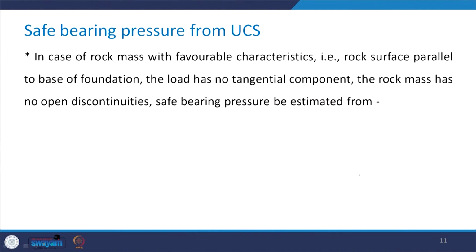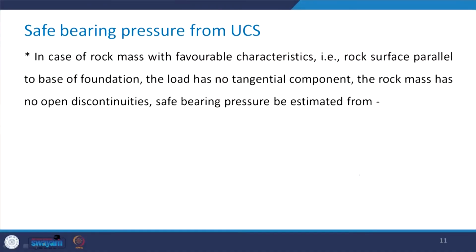In case of the rock mass with favorable characteristics, that is when the rock mass is parallel to the base of the foundation, which we saw is the most favorable condition, the load which is applied will have no tangential component.